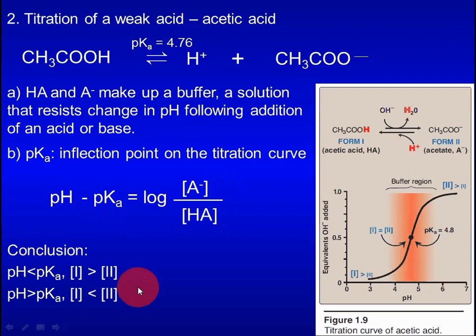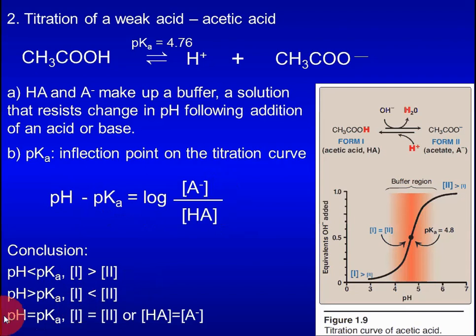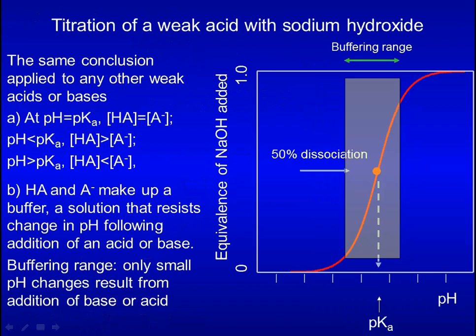Conversely, when pH is greater than pKa, the form 2 concentration will be greater than form 1. When pH equals pKa, the concentrations of form 1 and form 2 are equal. The conclusions we have learned from acetic acid can be applied to any weak acid or base.